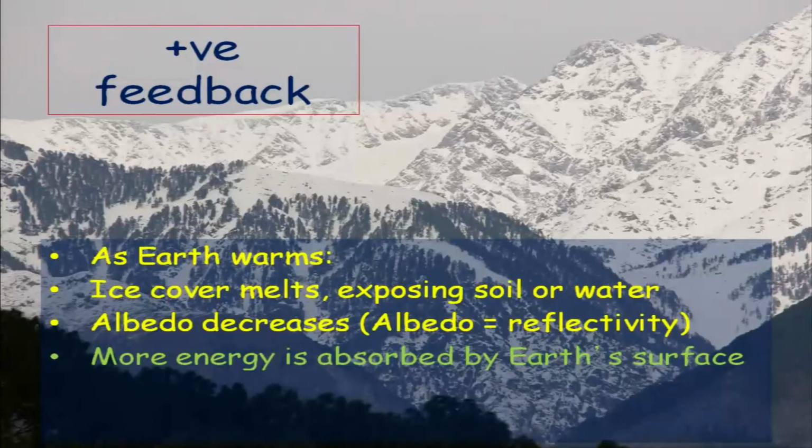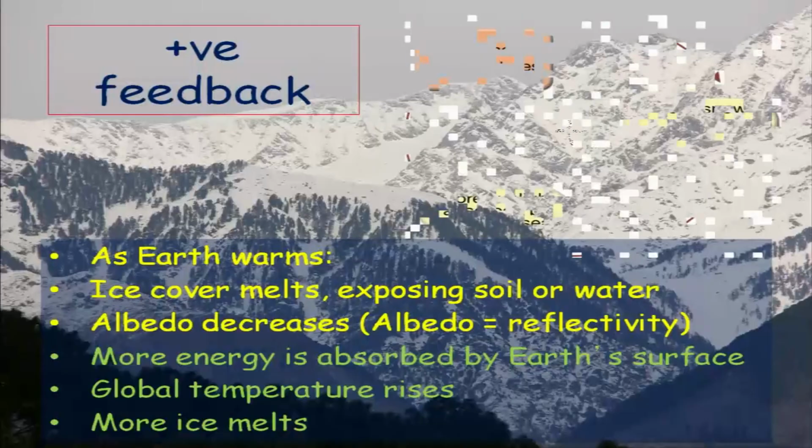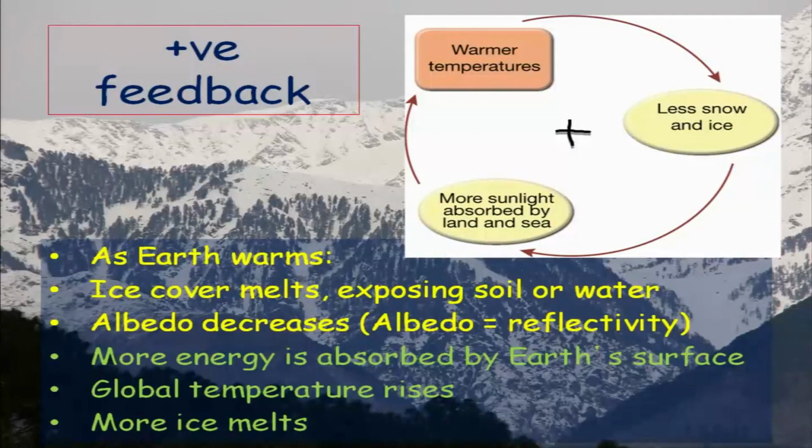So, more energy is absorbed by the earth's surface, global temperature rises, and there is more ice melt. So, something is added into the system. Global temperature rises, more ice is melted. This is basically the positive feedback we say.